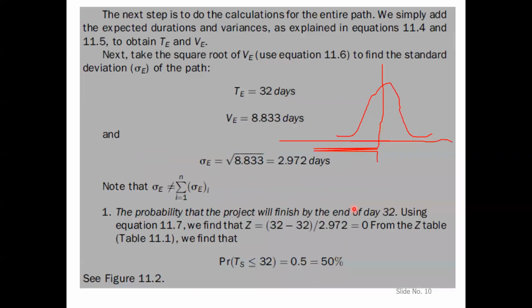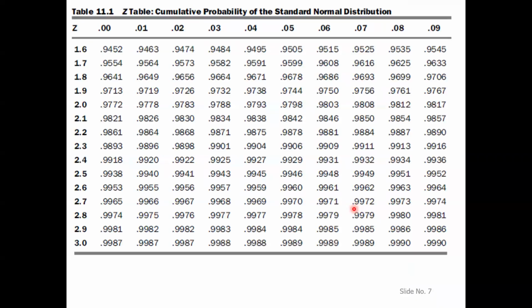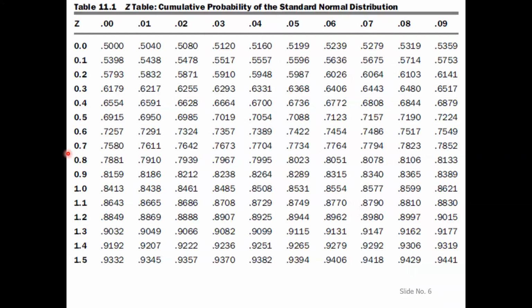Z equal to 0.6 is here, and 7 is here. So the value is 0.7486, which means 74.86%.